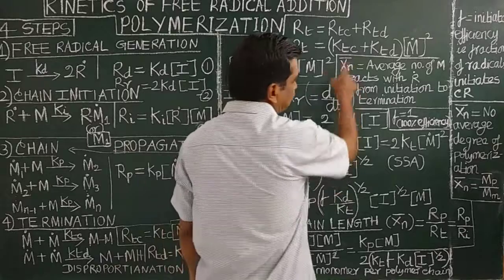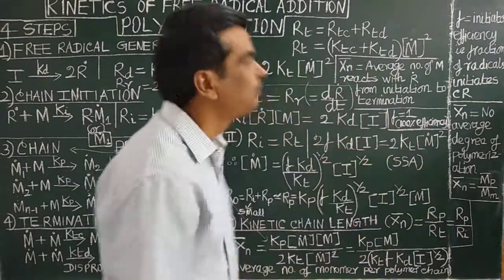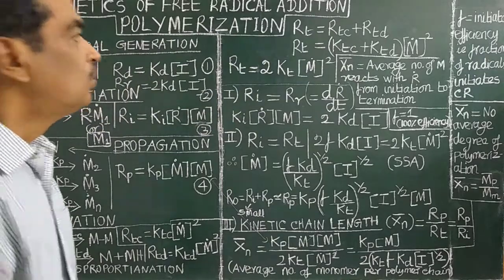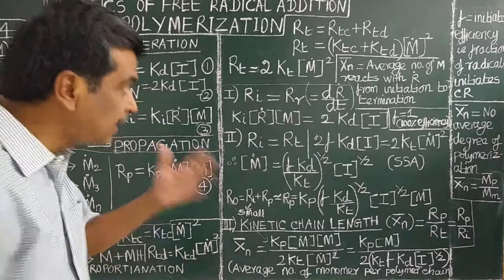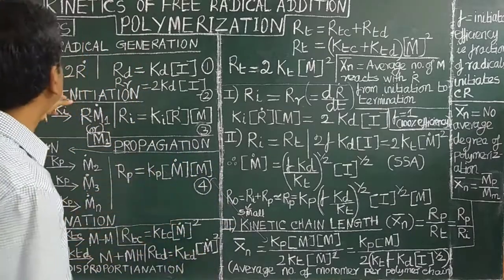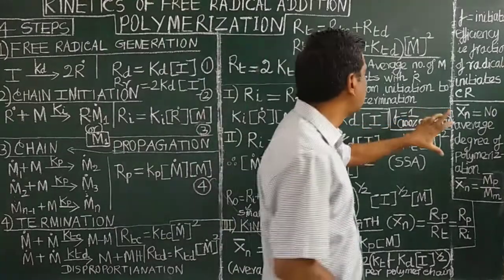Now, what is F? F equal to 1 for 100% efficiency. For example, if all the free radicals generated initiate the free radical addition reaction, then F equal to 1.